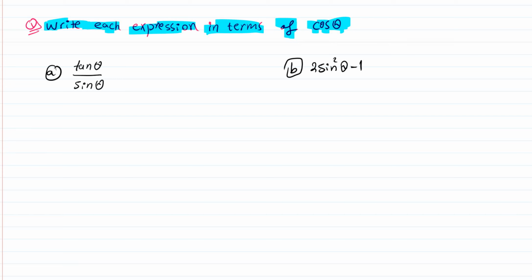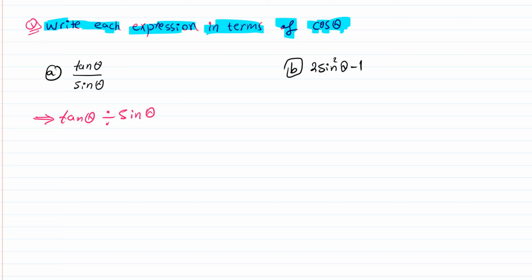Okay. First one, let's simplify this expression, tan theta over sine. I told you, you can rewrite this as tan theta divided by sine theta. I think all of you agree with me in this case, right?